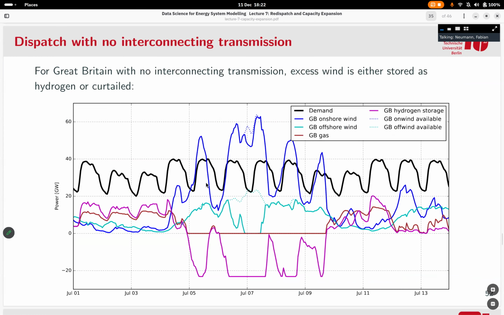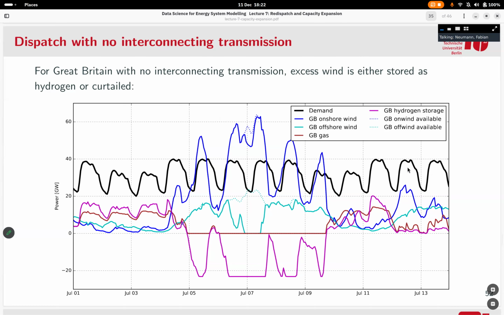And there you have again in black the load, and then you have some variability from the wind that needs to be counteracted with the hydrogen, or balanced with hydrogen storage, so that in sum your total generation matches the load. So far so good, nothing new compared to what we already talked about.